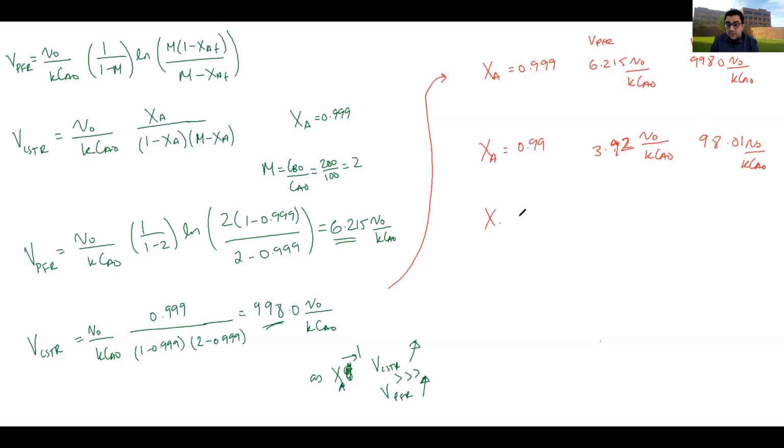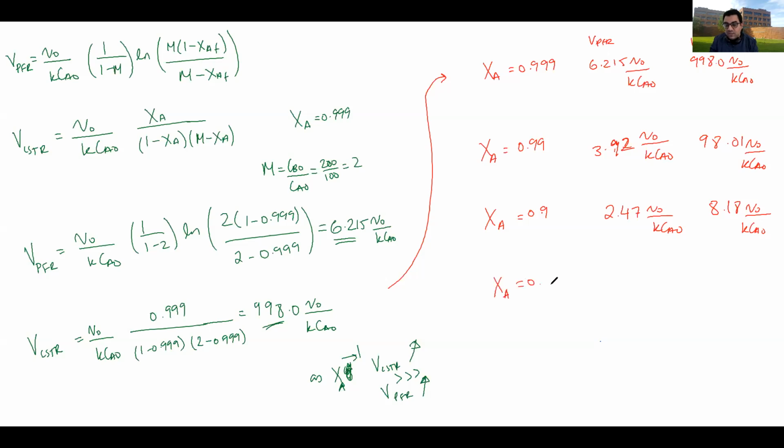Now if XA is equal to 0.9, you'll find out that for a PFR it's 2.47 V naught over KCA naught, and for a CSTR it's 8.18 V naught over KCA naught. You can see that now it's only 4 times. Here it's much higher.